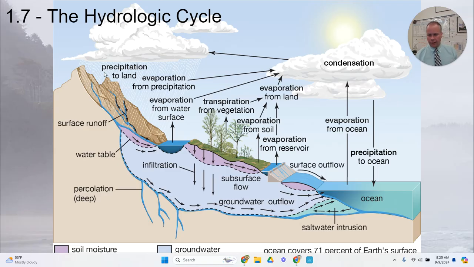We also have the runoff when the precipitation falls on land. Some of that water can run off or move over the surface of the land. Some of it can percolate or infiltrate into the groundwater. And these are overall the flows and pools of water that we find on Earth.